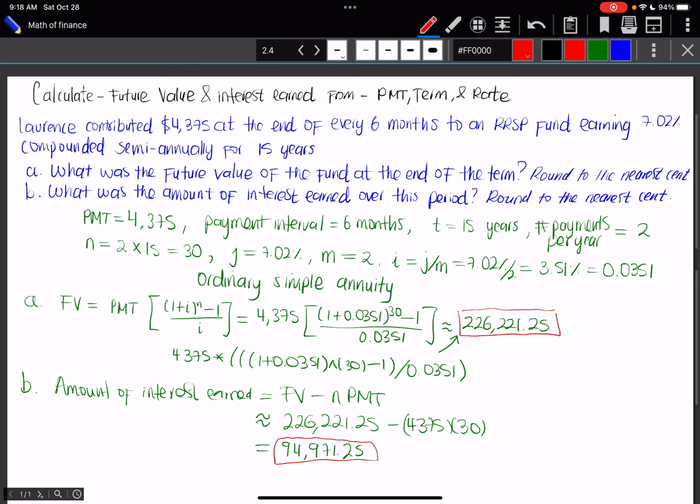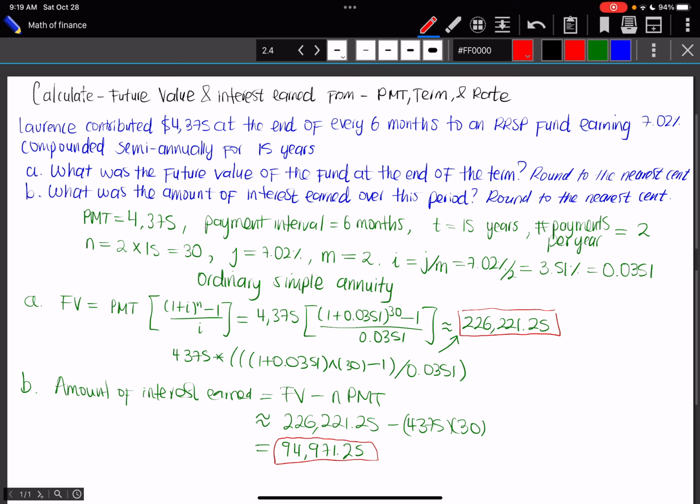Okay. So to summarize what we did, we started by identifying variables involved in this problem. We worked with the amount of the periodic payment of the annuity, the payment interval, the term of the annuity, the number of payments per year, the total number of payments during the term of the annuity, nominal interest rate, the compounding frequency. Then we computed the periodic interest rate based on the nominal interest rate and the compounding frequency.